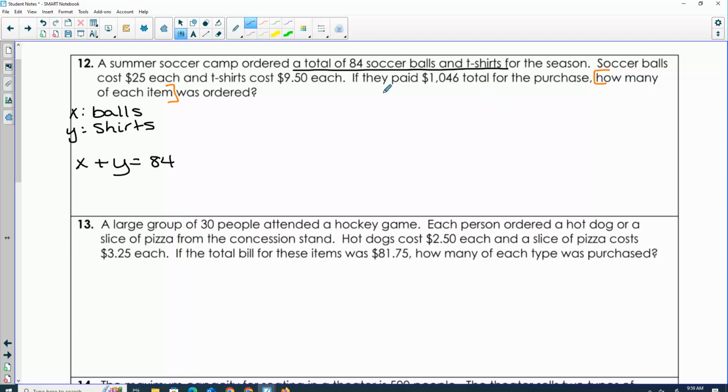Then I get into the cost. The soccer balls cost $25 each. Okay, if I bought 3 soccer balls, how much would I have spent? $75. How do we get that? 25 times X. Okay, you take the cost times the number you purchase. So when I have the cost of my soccer balls, I'm going to take that cost times the number of soccer balls.